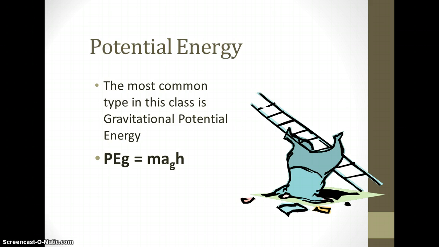Our equation shows that gravitational potential energy equals the mass of the object, in kilograms, times the acceleration due to gravity, 9.8 meters per second squared, times the height of the object, in meters.